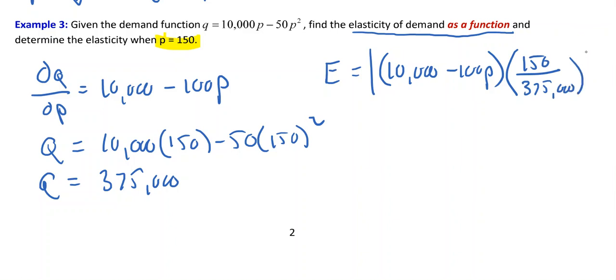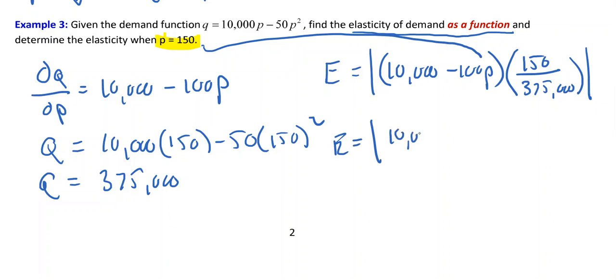And then once again, we have to substitute this value in for P. So we get elasticity is the absolute value of 10,000 minus 100 times 150, times 150 over 375,000.